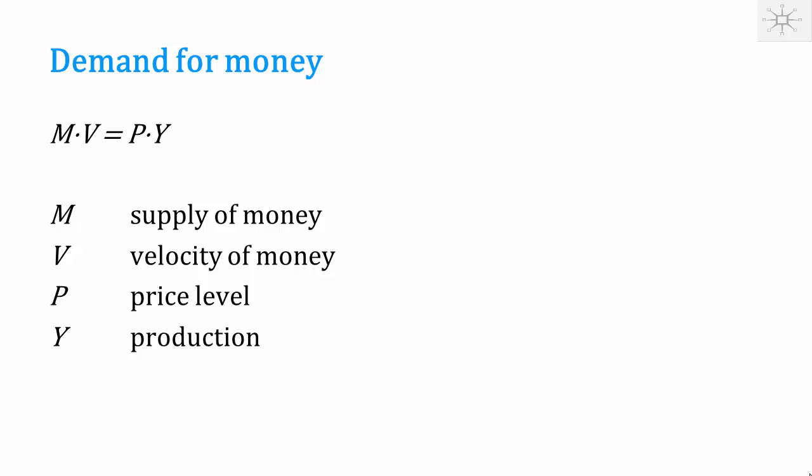So imagine an economy where all the income that the firms get is paid out to the households at the end of the month as wages and dividends. And then during the month, the consumers spend the money, so the money goes back to the firms. And then at the end of the month, the firms again pay out all the money.